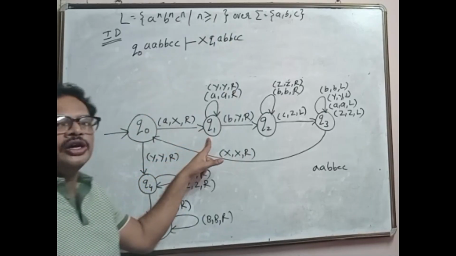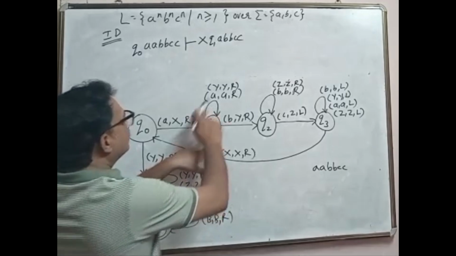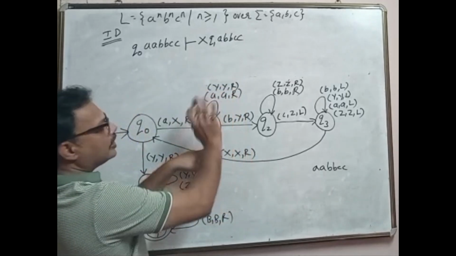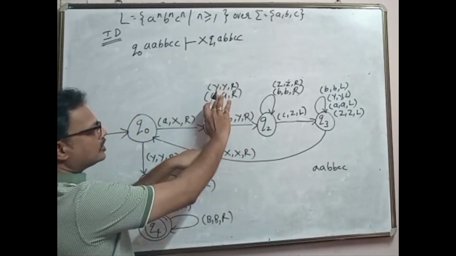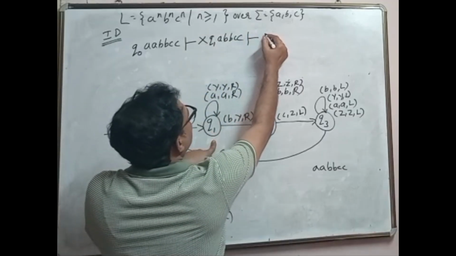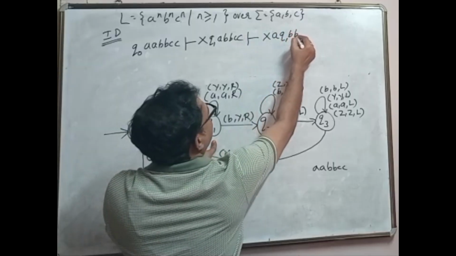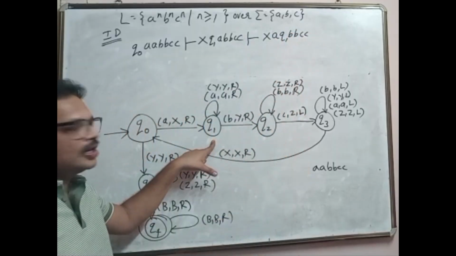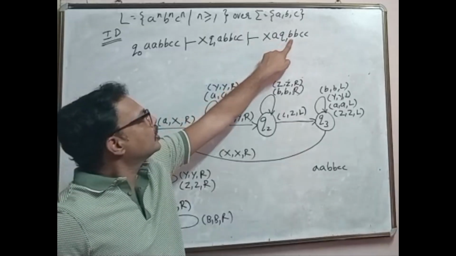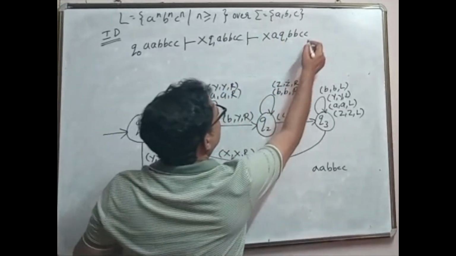Now that means Turing machine is in this particular state. Okay. Now in this state, if at all it reads A, it doesn't do anything. If at all it reads Y, it doesn't do anything. So it continues. So X, A, Q1, B, B, C, C. Now see, it is about to read another symbol, B. So it changes its state.